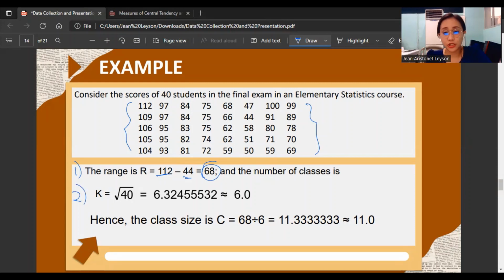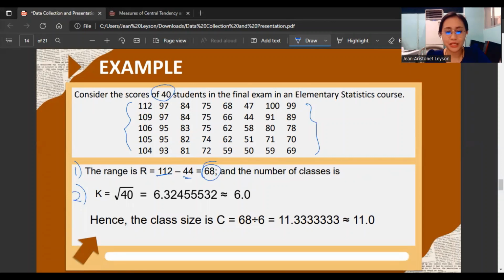Second step is to determine the number of classes. So the formula for that again is K is equal to the square root of N. N is the total number of values or the total number of data in a certain set. Since there are 40 students, there are also, of course, 40 scores, so there are 40 numbers in our data set.